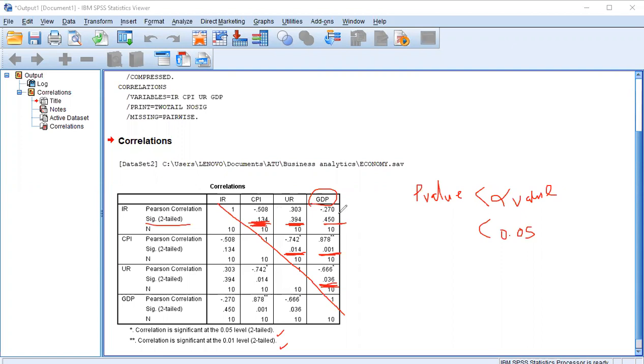Now, in terms of making inferences and applying them in the practical sense, when I ask you to investigate the relationship among the variables, you don't just conclude that there is a negative relationship at 5% significance level, which means that this is related to that.